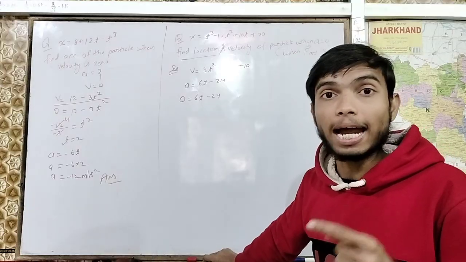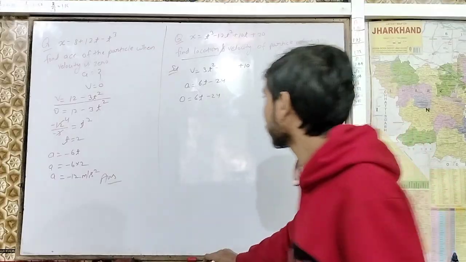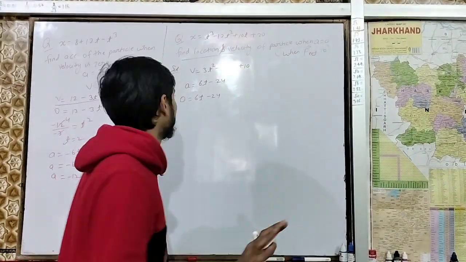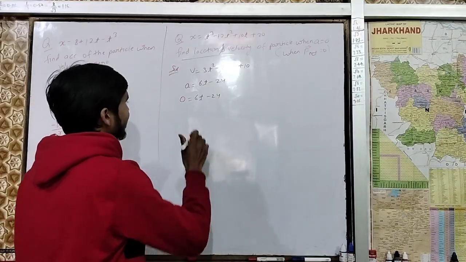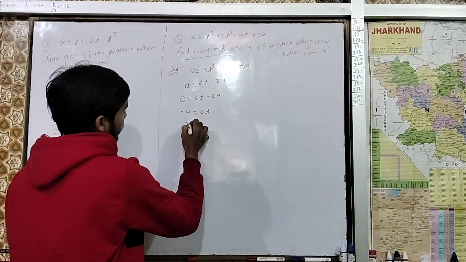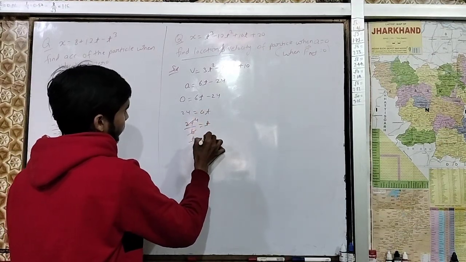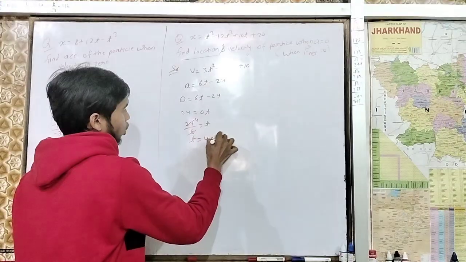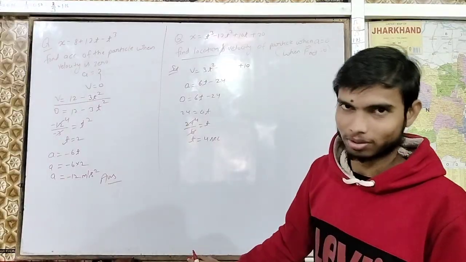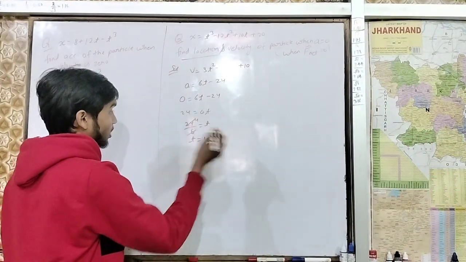That means at this time acceleration is becoming 0. And what about velocity? We will see. 24 is equal to 6t, so 24 upon 6 is equal to t. 6 fours are 24. t came out as 4 seconds. So at 4 seconds, acceleration is becoming 0. Now our work is to calculate velocity at t equal to 4.